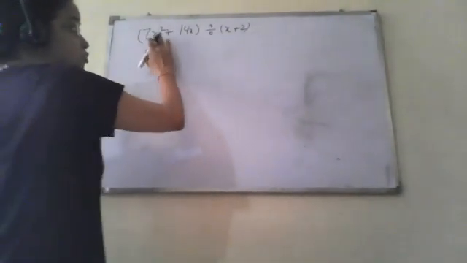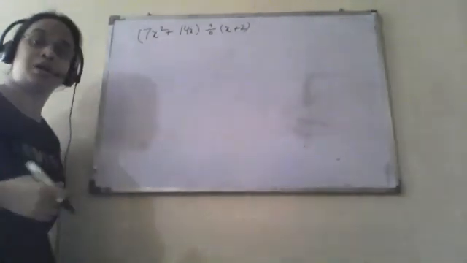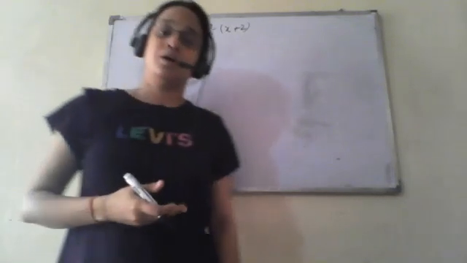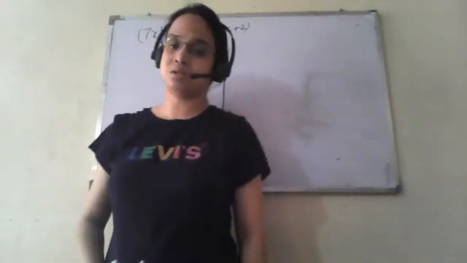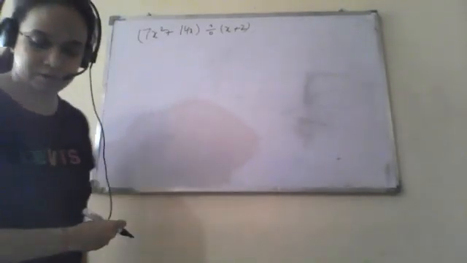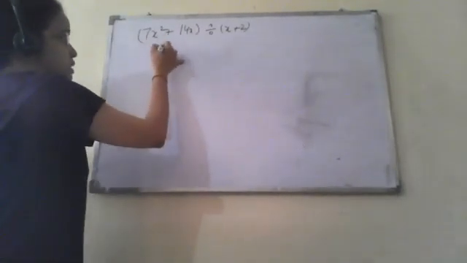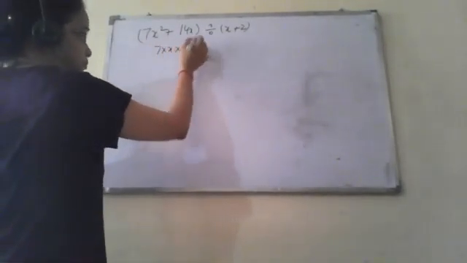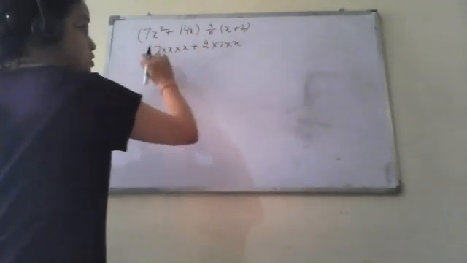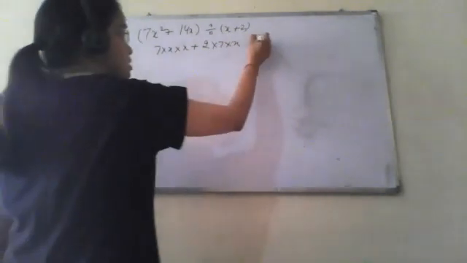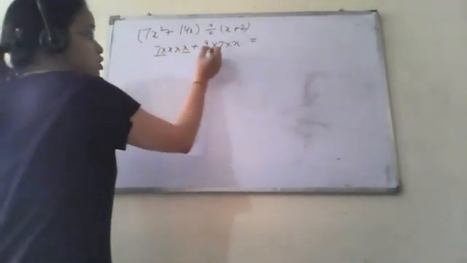First we have to factorize this. We can use any method. We can use regrouping, we can use taking common factors out, or you can use identity based methods if it seems suitable. So it can be written as 7 into x, and 14 is 2 into 7. So how are we going to factorize? We are taking 7x common.